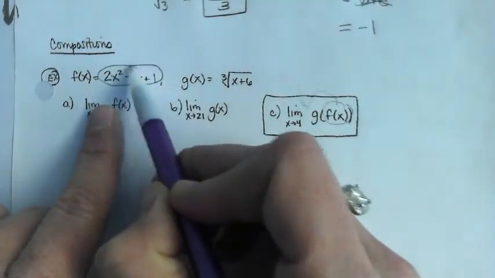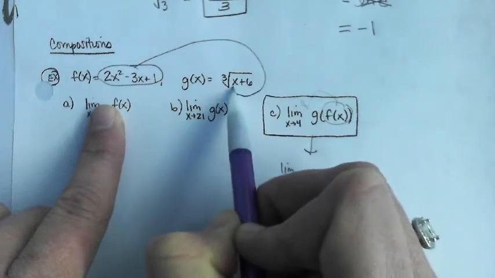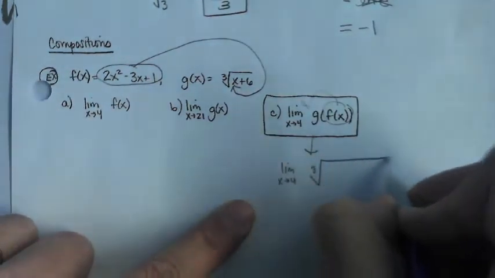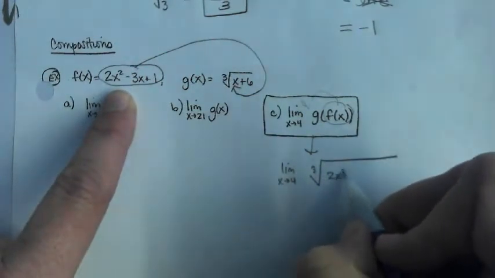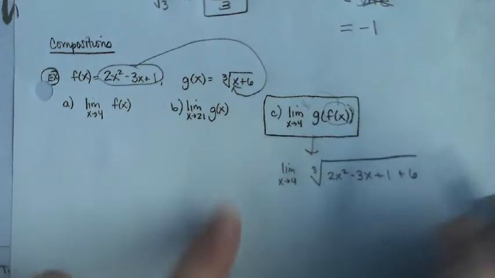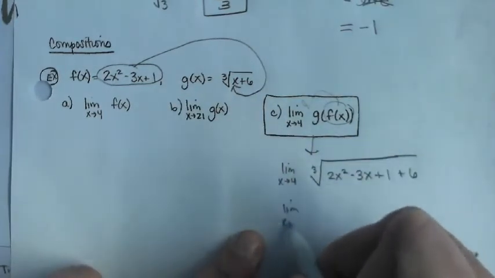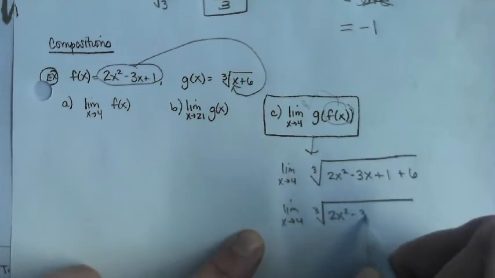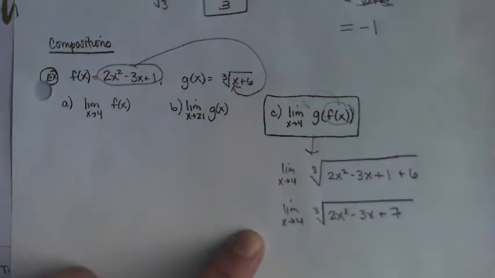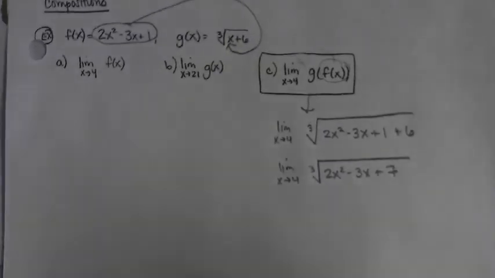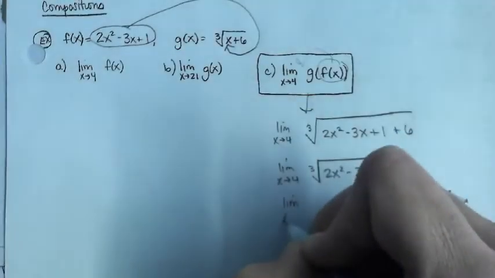So if I take the f of x function and plug it into g, that's going to be the cubed root of 2x squared minus 3x plus 1 plus the 6. And then you really just directly evaluate. Combine like terms, simplify that new composition function, and just directly evaluate.